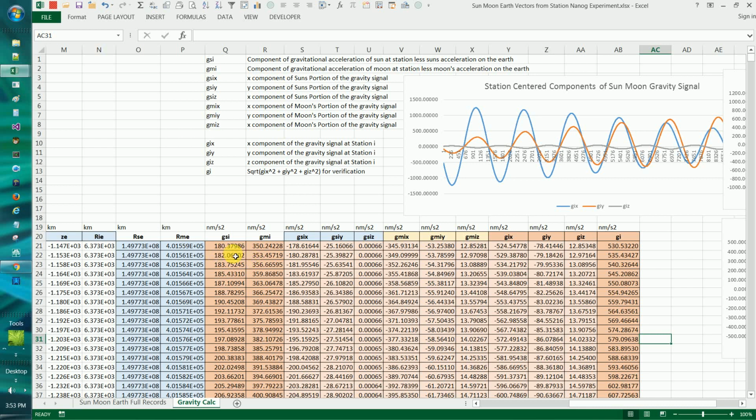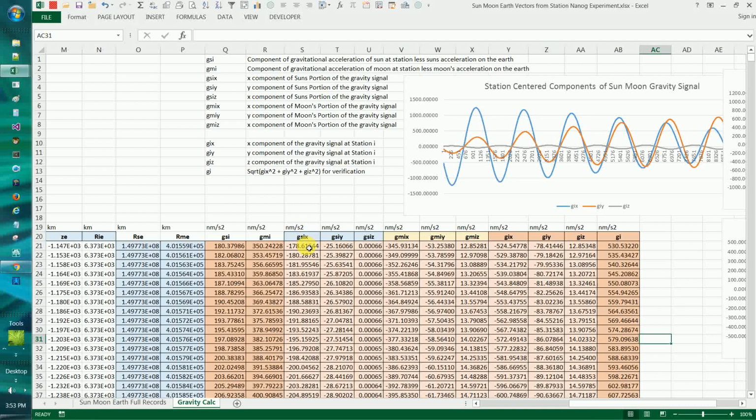The sun components of the vector are these. The moon components are these. And in each case, this is the sun's acceleration at the station minus the sun's acceleration at the center of the Earth.